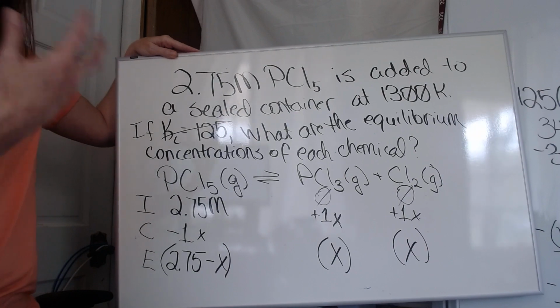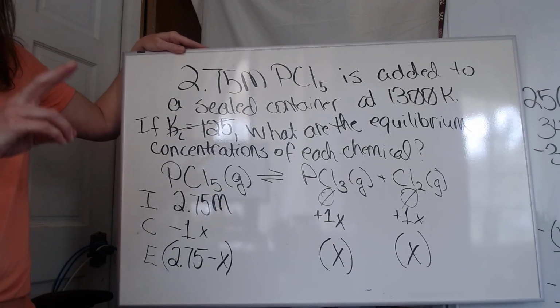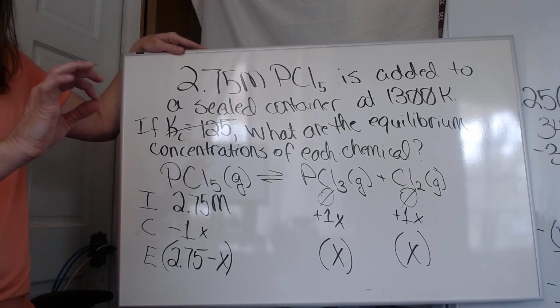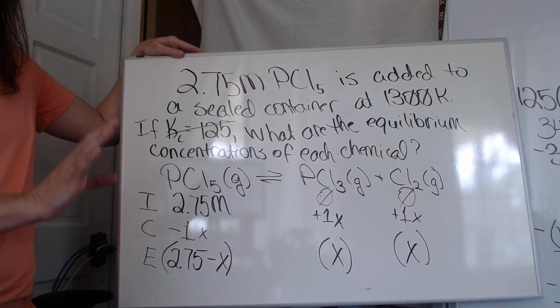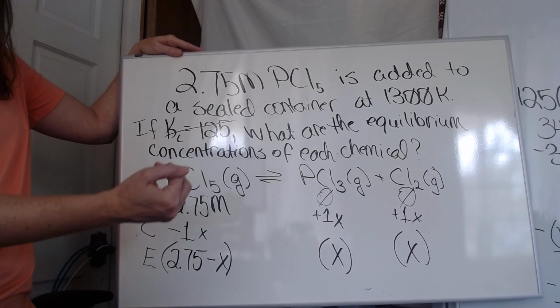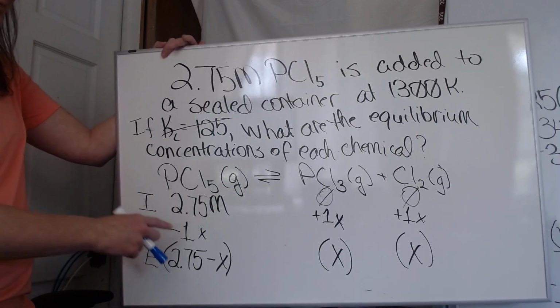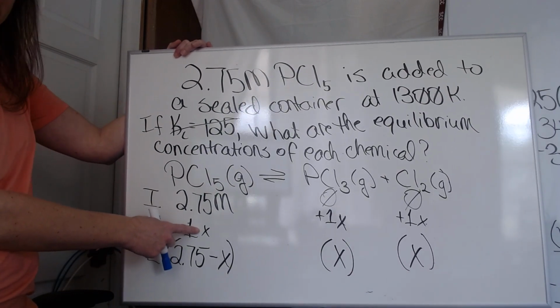So in chemistry problems, when you get two values for your x, if you ever get a negative x, the negative will automatically be the wrong answer. So the only possible answer is the 2.69. And if we go back over here, that is the quantity that reacts.